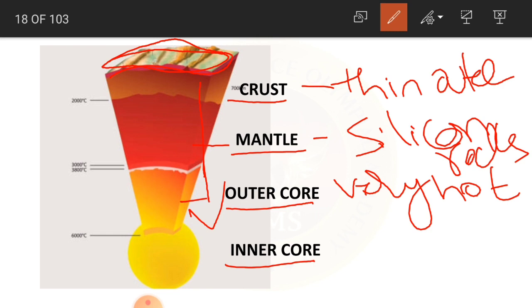It absorbs all that solar wind, so that is why it is very hot. And the last one is the inner core, and it is as hot as the surface of the sun. Hot like the sun.